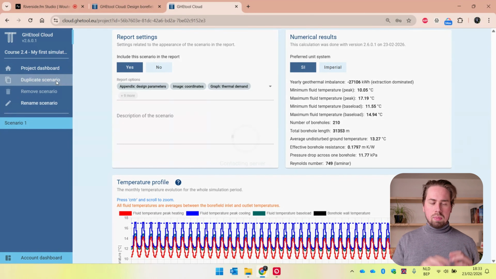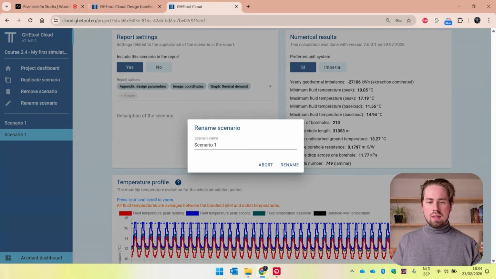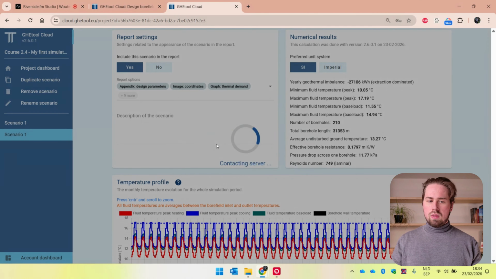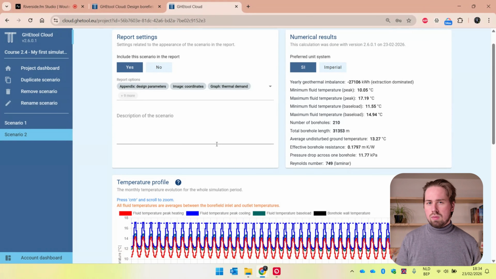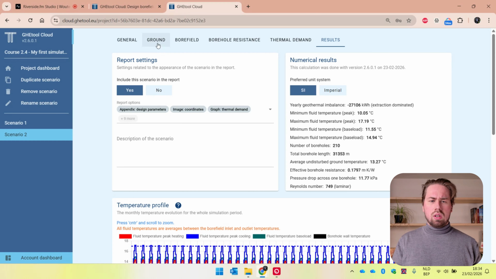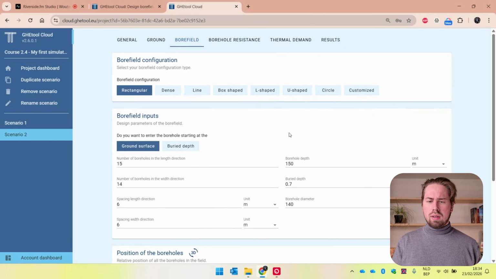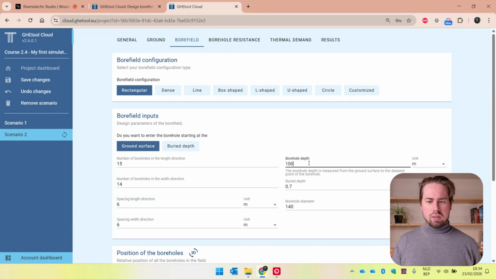Let us go ahead, duplicate the scenario, and see what we can do if we, for example, say we drill to only 100 meters. So imagine there is a difficult ground layer at, for example, 110 meters, and we say, okay, let's stick to 100 meters. So we're going to go to the borefield tab, and we change to 100 meters.